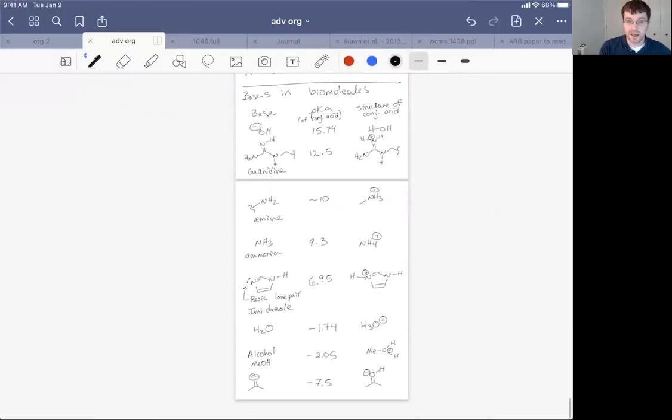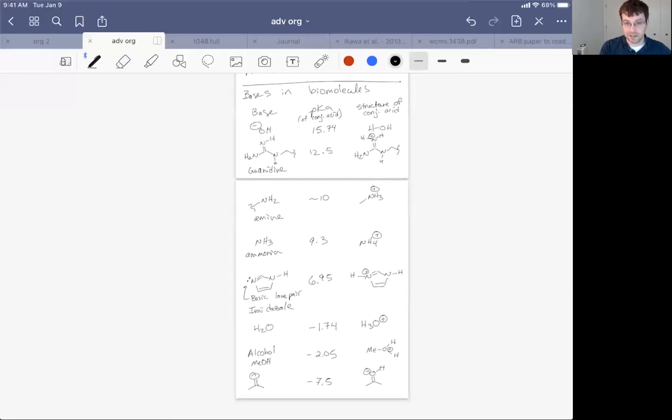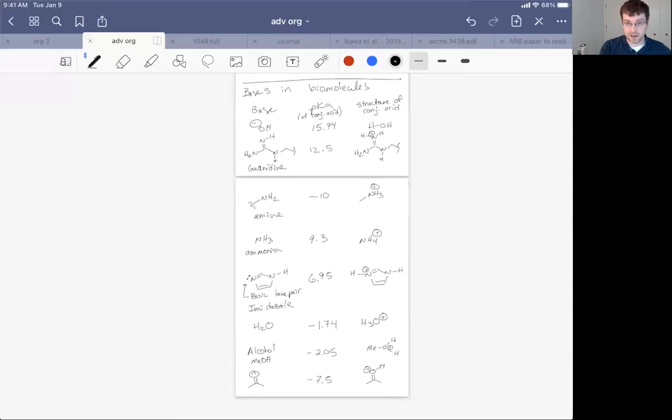Well, the pKa of its conjugate acid is the highest, so it's less likely to give up its hydrogen atom. Which means if you have the conjugate base, you have already removed that hydrogen. It's going to be desperate to get a hydrogen back. So the higher the pKa of the conjugate acid, the stronger the base.